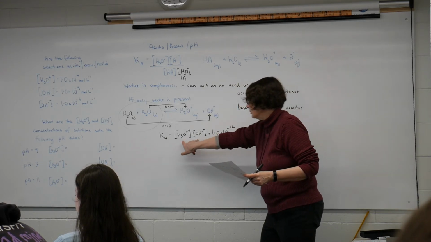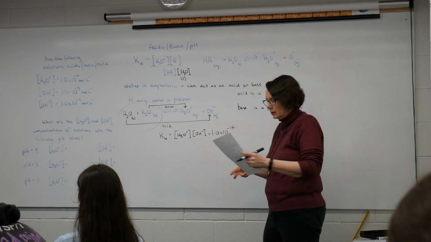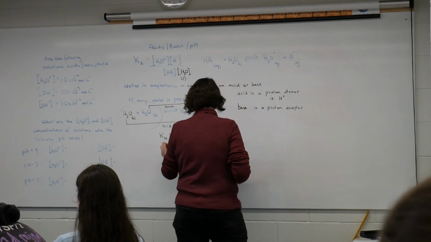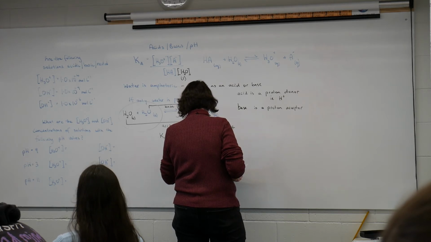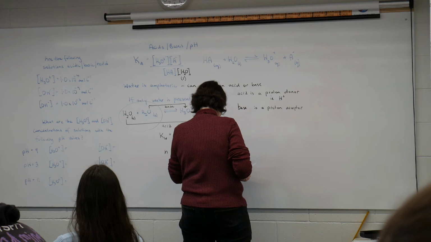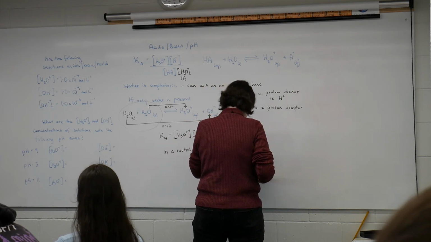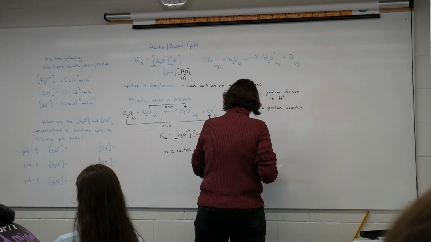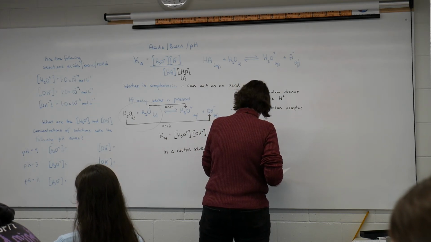And so that means that the concentrations of both of these ions is the same. So we can say then, in a neutral solution, the concentration of the hydronium ion is equal to the concentration of the hydroxide ion.